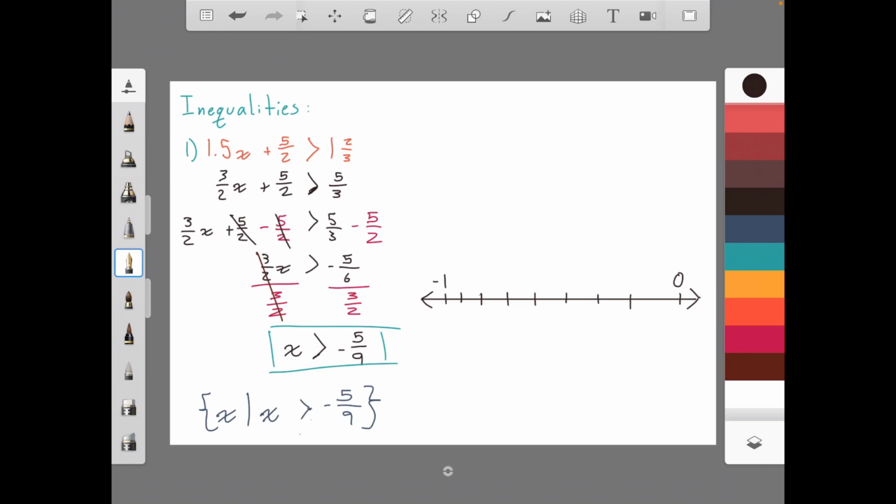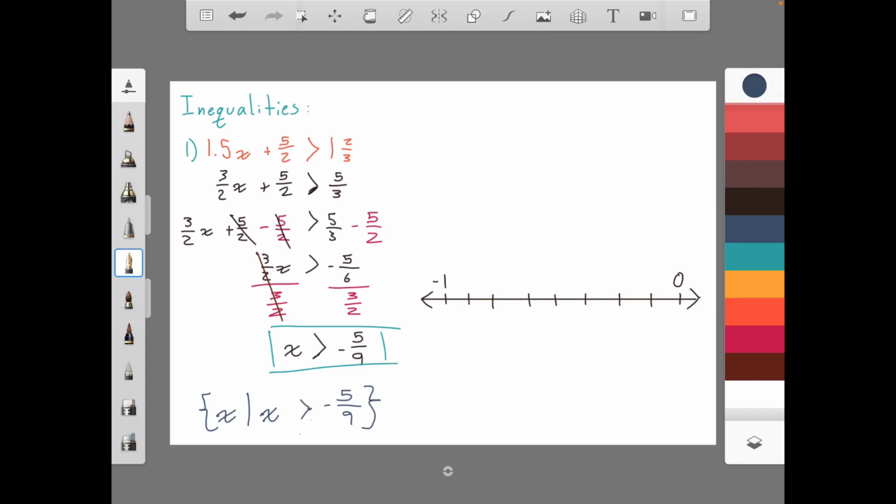I'm going to do it better. So 1, 2, 3, 4, 5, 6 and 7. Okay, that's a bit better. I'm sorry if it's not perfect. Each one of these is going to be 1/9.